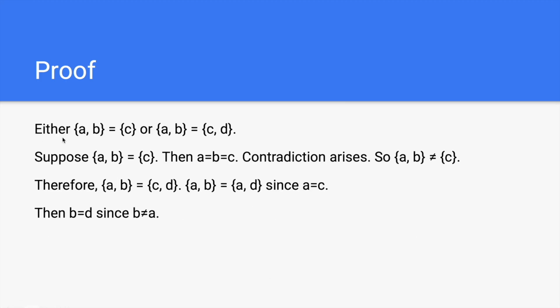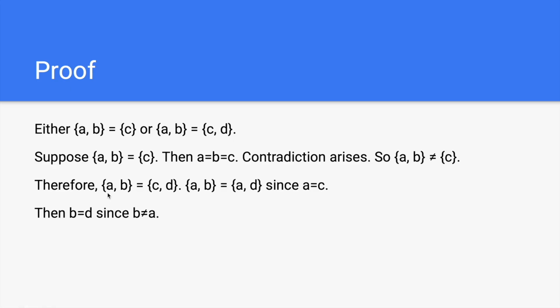Similarly, we know either {a, b} equals {c} or {a, b} equals {c, d}. Suppose {a, b} equals {c}, then we have a equals b equals c. But a is not equal to b, so contradiction arises. So we have this result. Therefore, the remaining one is true.